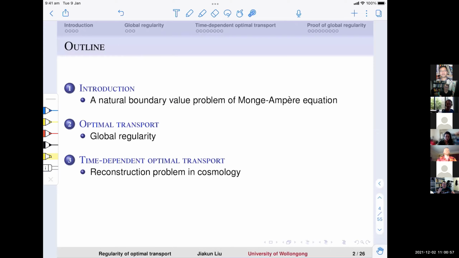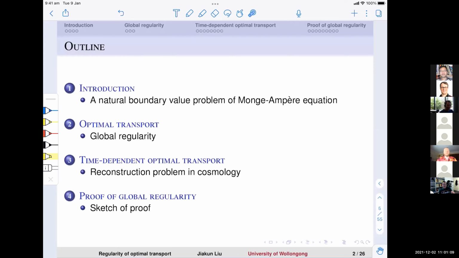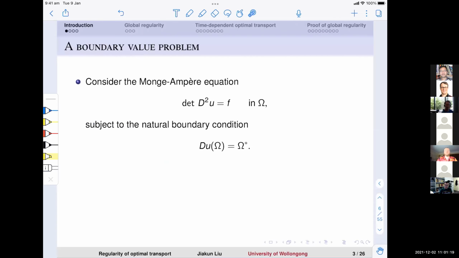We're trying to use optimal transport to understand how the universe is going to evolve. This is joint work with Gregoire Loeper. The last part depends on the time. If we do have enough time, I can give you some very brief idea about the proof.